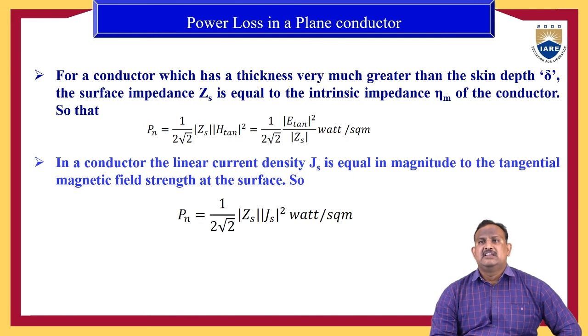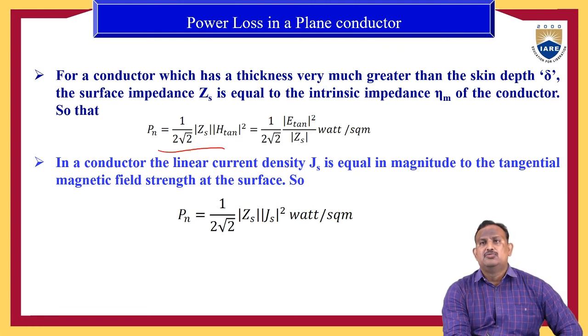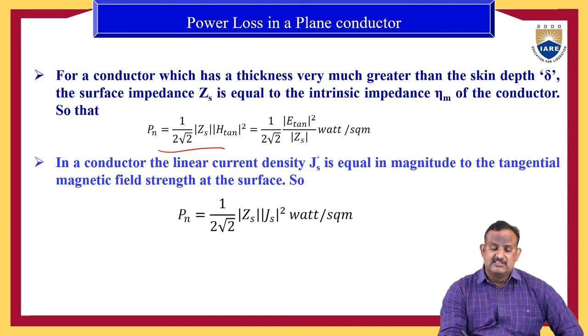For a conductor which has thickness very much greater than the skin depth delta, the surface impedance Zs is equal to the intrinsic impedance eta of the conductor. Therefore, we can express the power as P is equal to 1 by 2 root 2 into, in place of intrinsic impedance, Zs into H tan square, which is equal to 1 by 2 root 2 into E tan square by Zs.